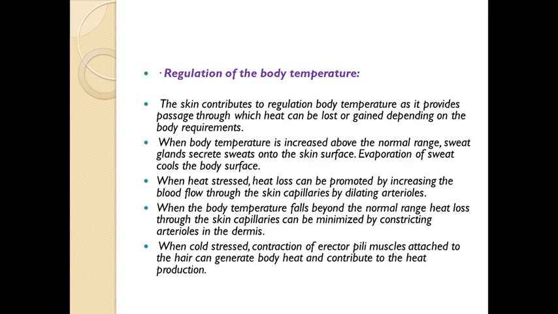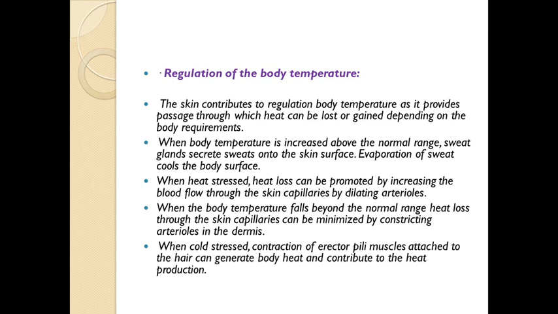When heat stress, that means when the body temperature is increased too much above the normal range, heat loss can be promoted by increasing the blood flow through the skin capillaries by dilating arterioles. So superficial arterioles are dilated so that more blood moves through those arterioles, and more heat can be lost by radiation through the skin surface.